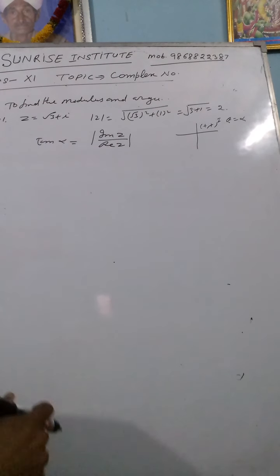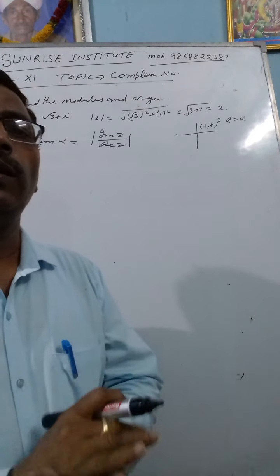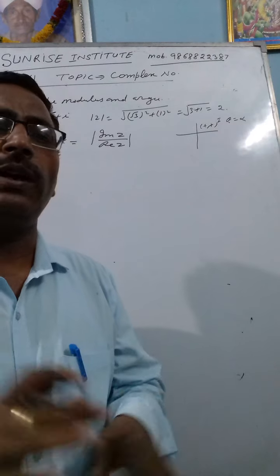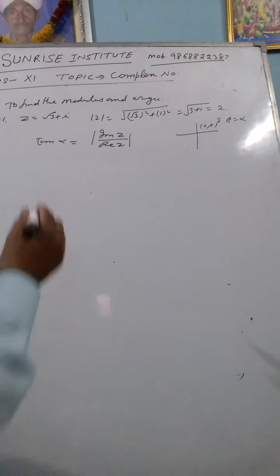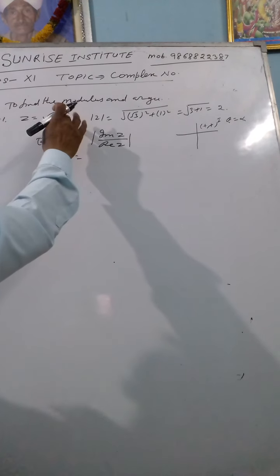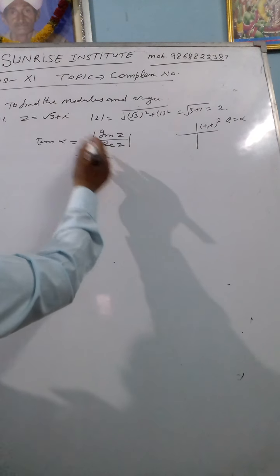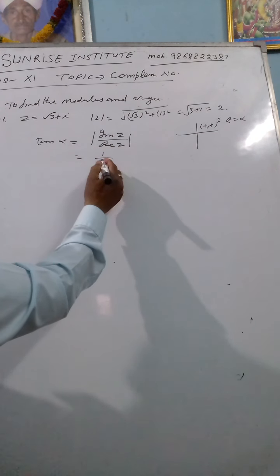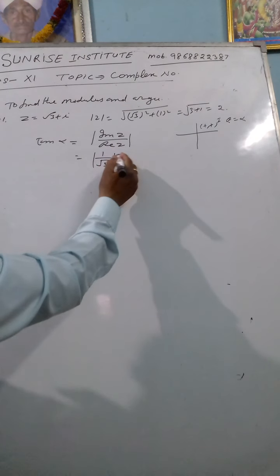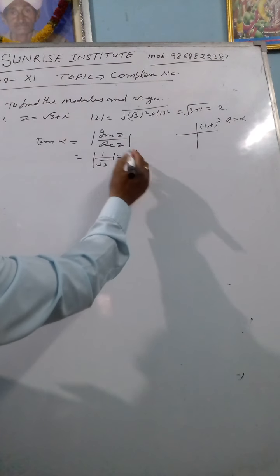Okay students, that is the imaginary part of z and real part of z. Therefore the imaginary part is 1 upon the real part, that is root 3. Okay students, that is 1 by root 3.